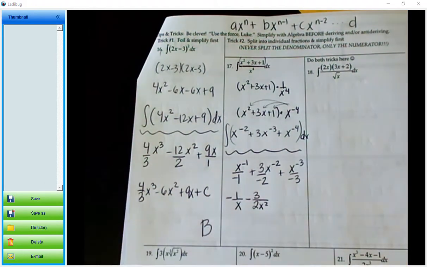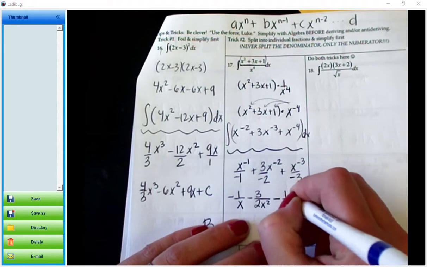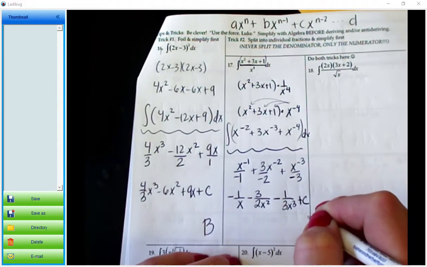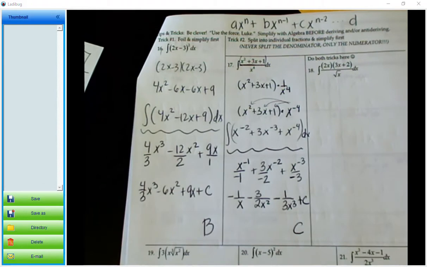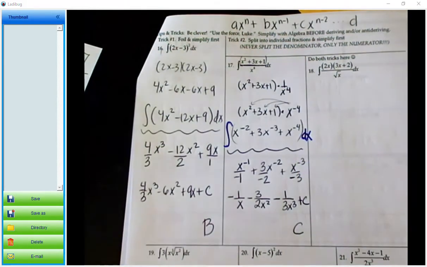Now in this particular case, instead of writing the coefficient in front, I'm putting the variable with the denominator because that's where it was. Minus, happens to be C. Notice that once I do the antiderivative, those symbols that we talked about, they disappear.